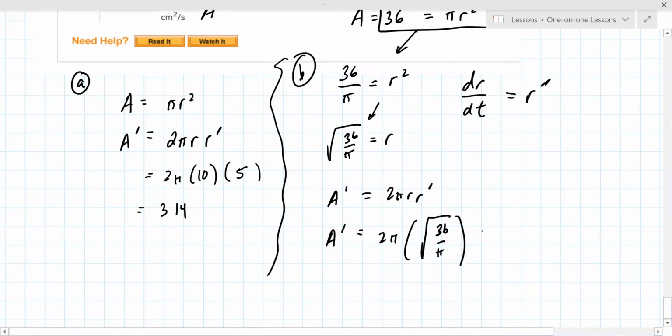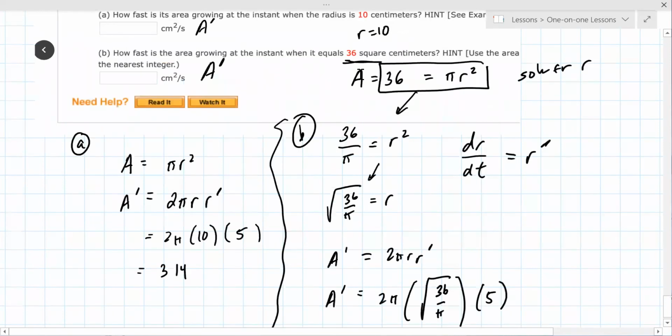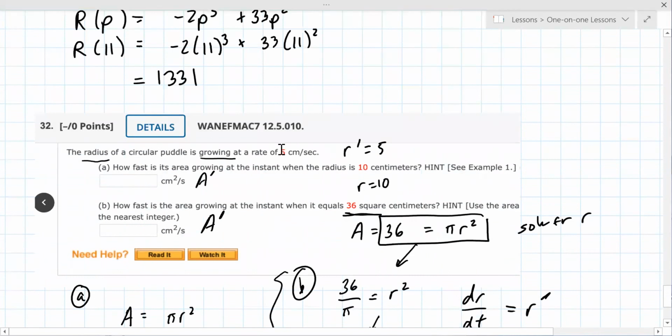That's your radius. The A prime formula is this, and your r prime is still 5 because that's given at the beginning of the problem, and it applies to both parts A and B.